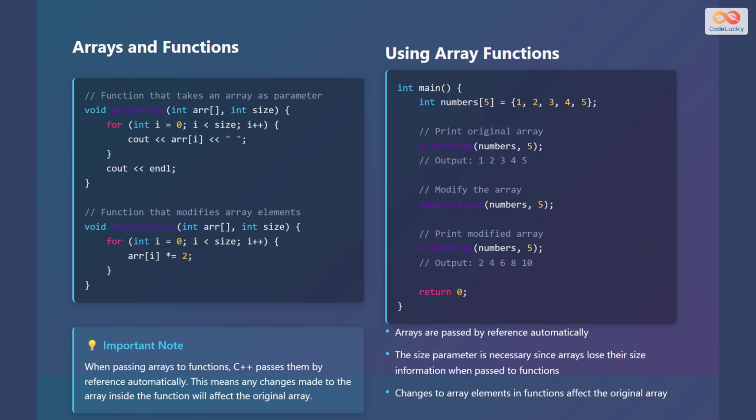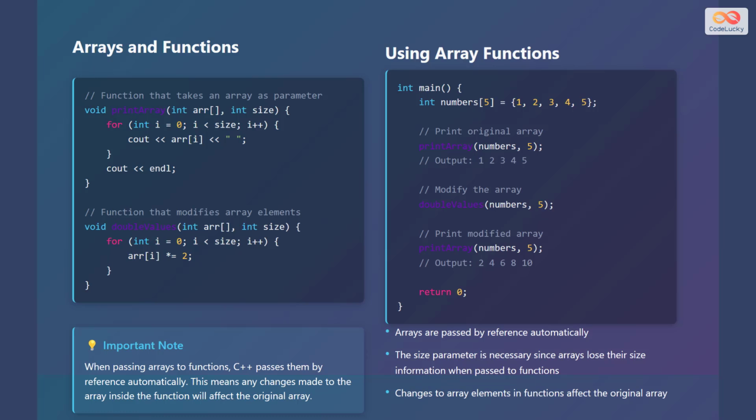Let's explore the relationship between arrays and functions in C++. Arrays can be passed as arguments to functions, allowing you to perform operations on array elements within a function. When passing arrays to functions, it's important to understand how C++ handles them. Here's an example.